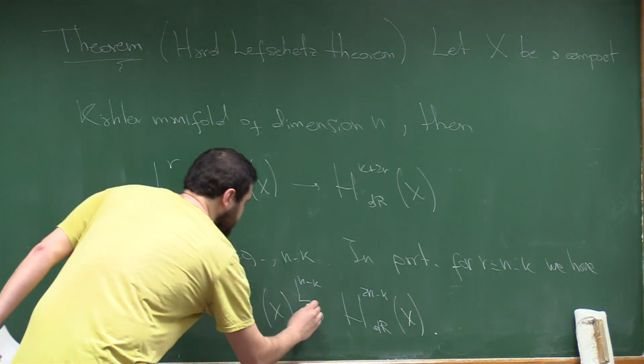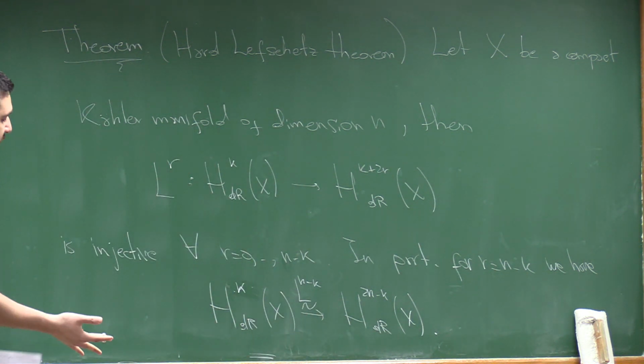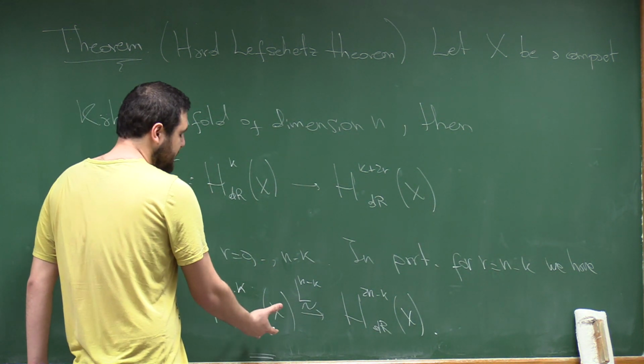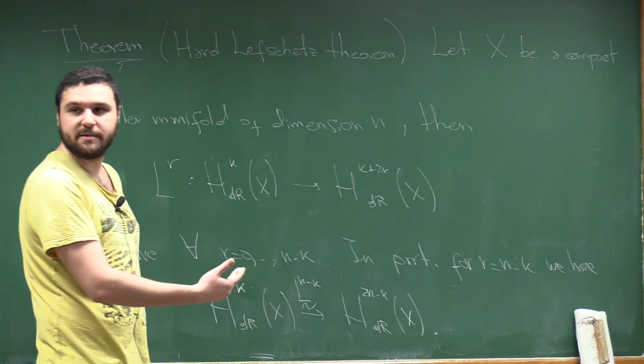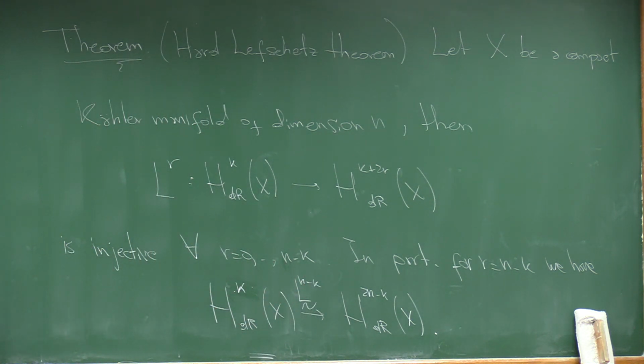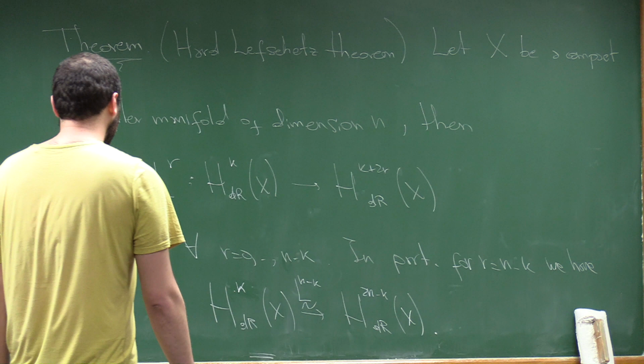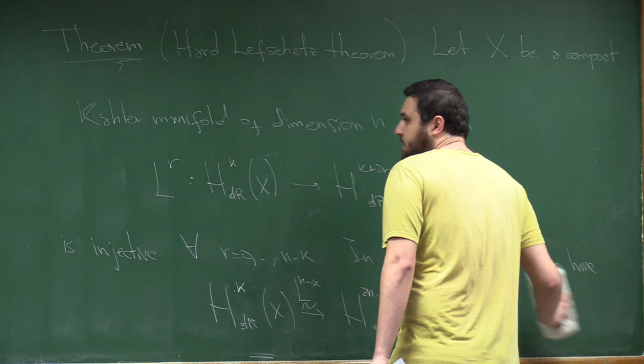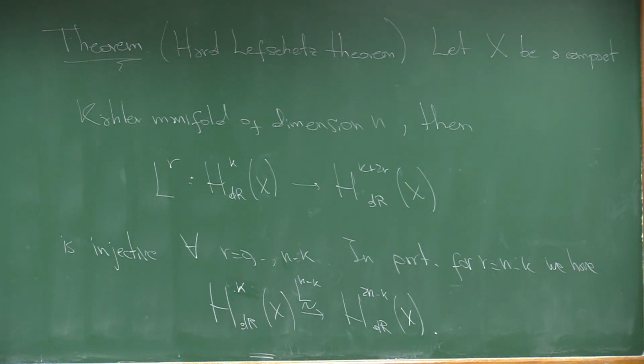This is an isomorphism, right? And it is an isomorphism because it is injective and both spaces have the same dimension by Poincaré duality. Right? Okay, so this is the Hodge-Lefschetz theorem, and we will prove it now using all the tools that we have developed before.